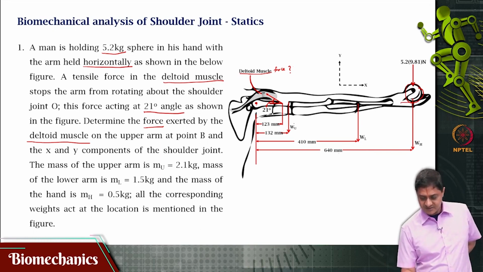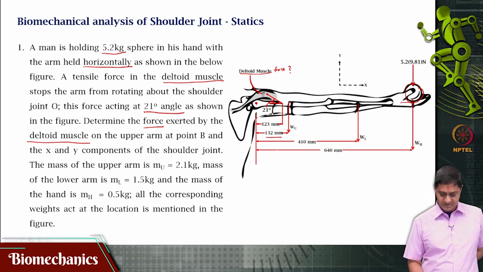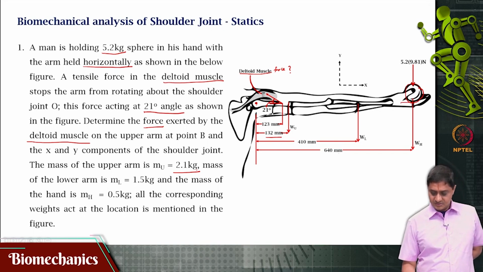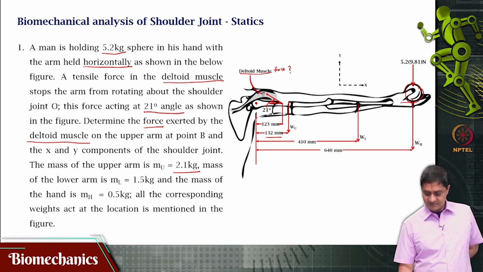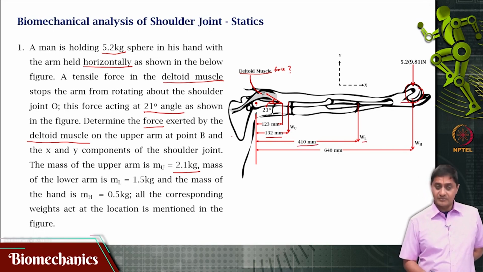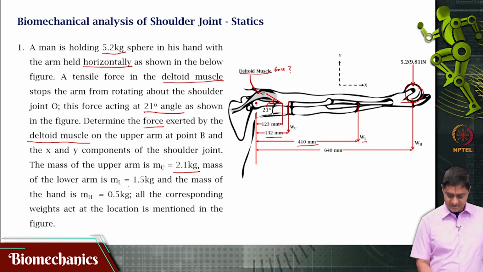The center of mass of the upper arm is at a distance of 132 mm and the mass is given to be 2.1 kg. The center of mass of the forearm is at 410 mm from the point O and that mass is 1.5 kg.